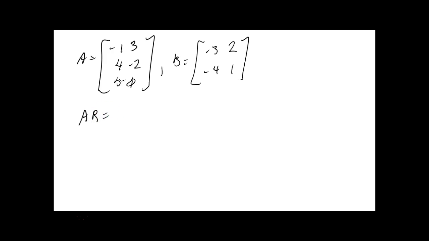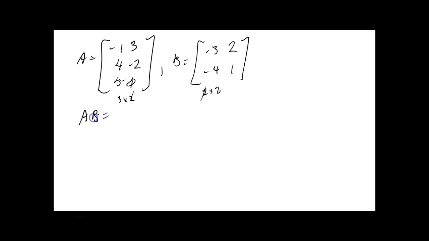Why? Yes, the number of columns of the first is equal to the rows of the second. In other words, this is a 3 by 2 and this is a 2 by 2. You can multiply them because the innards are the same. The answer is going to be a 3 by 2.